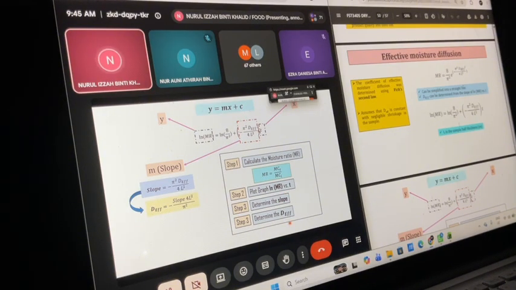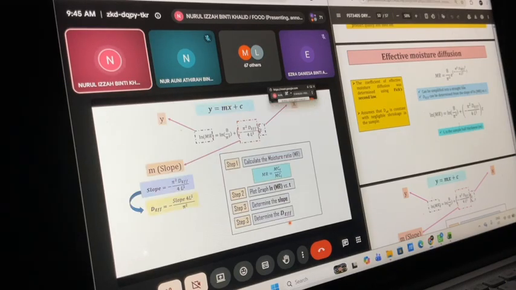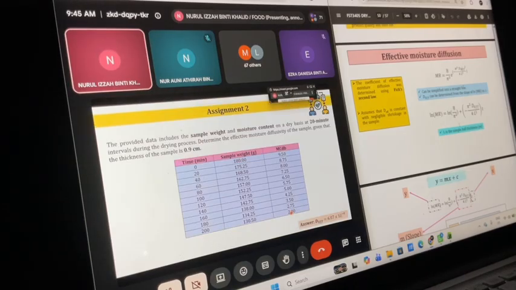Then you calculate the effective moisture diffusion value, because the question asks you to determine the effective moisture diffusivity value.